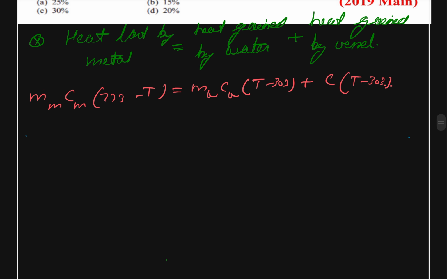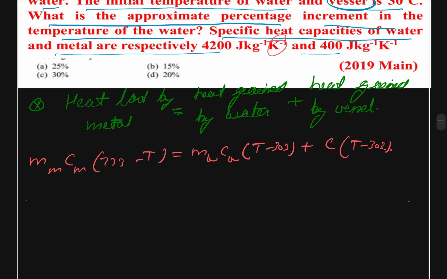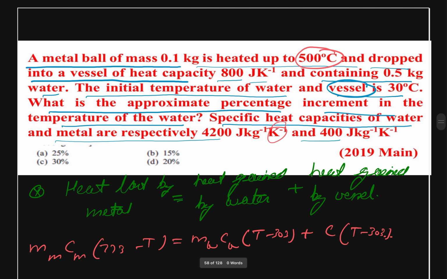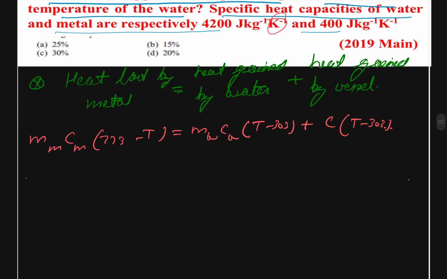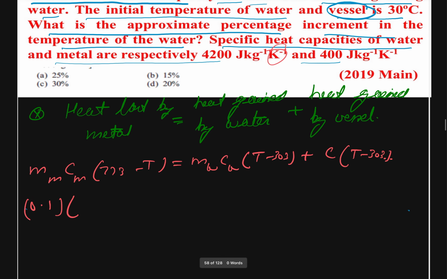Okay, anyways, let us start again. So we have mass of metal, which is 0.1. Specific heat of metal is given to us as 400.